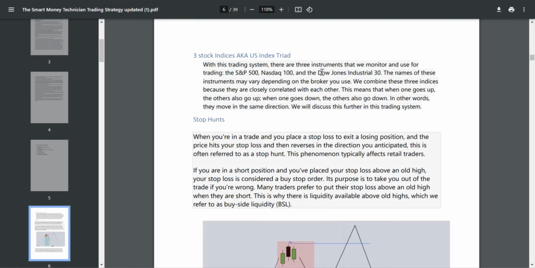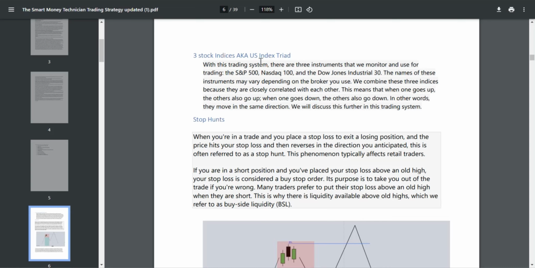It really depends on the broker that you're using. These 3 assets together, we call them the index triad, or the US index triad.